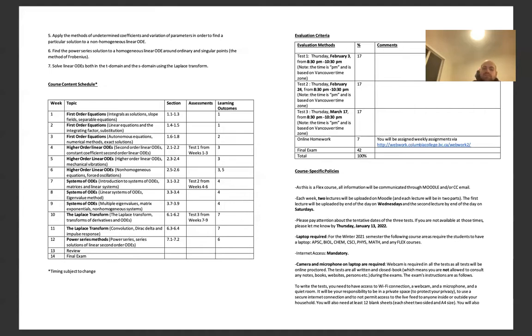But when you convert it to an algebraic equation, all derivatives will disappear. And once the derivatives have disappeared, we have an algebraic equation, and we can solve it very easily, like what you learned in high school. And we will find a solution for the algebraic equation.